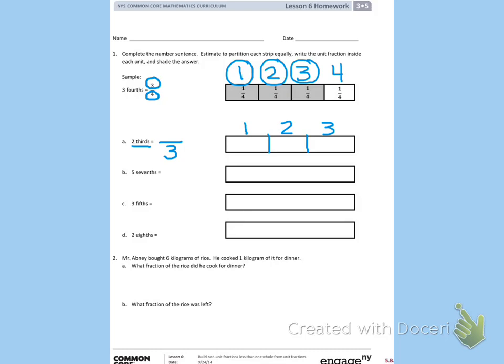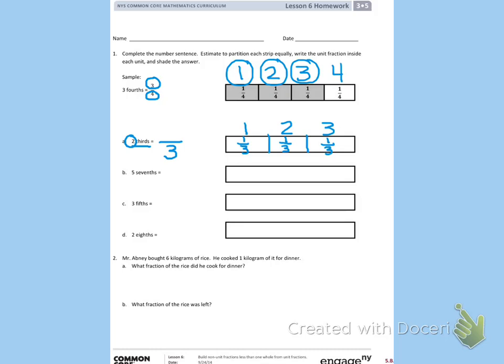When I write the unit fraction inside of each unit, I will write it like this. This is 1/3 of the rectangular strip. This is another third. And finally, this is the last third of the rectangular strip. If you look at item A, it wants us to color 2/3, or shade in 2/3.